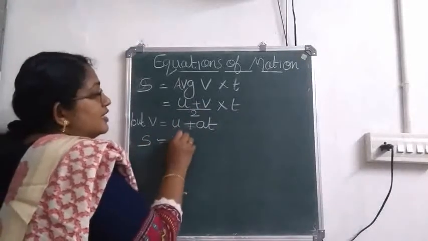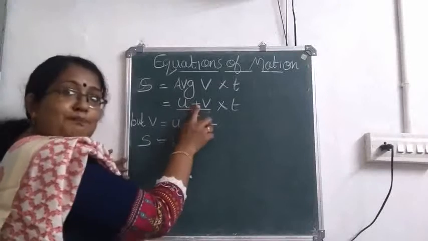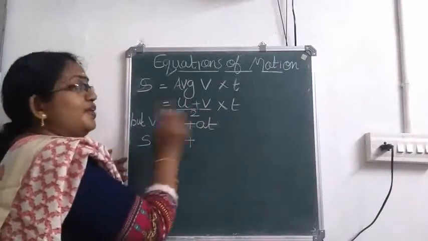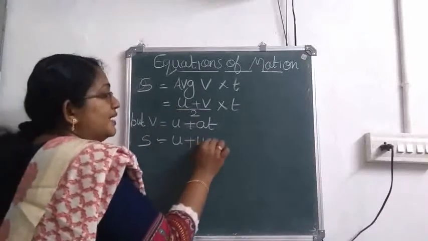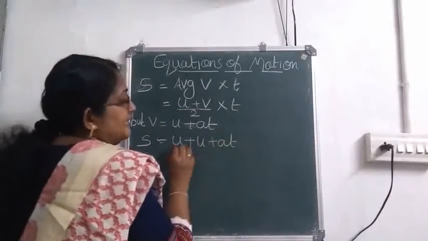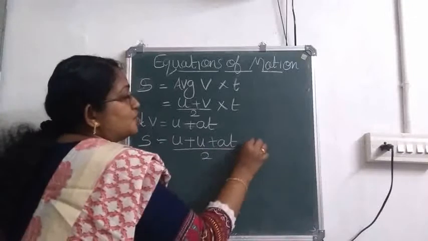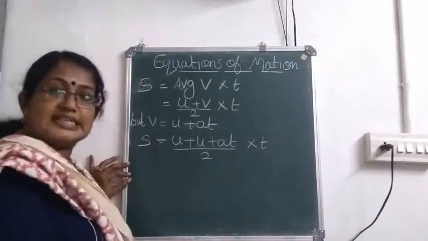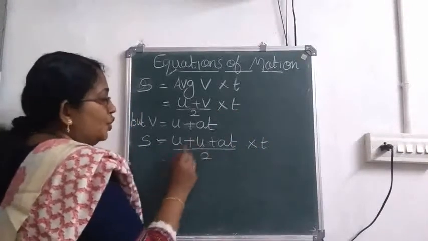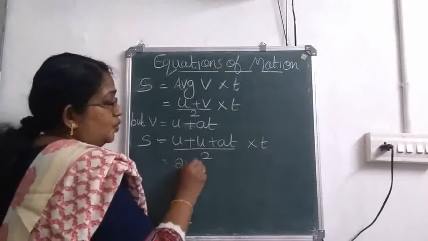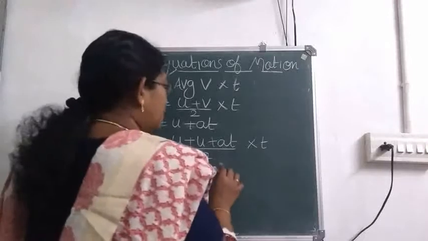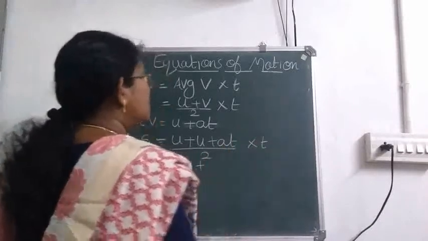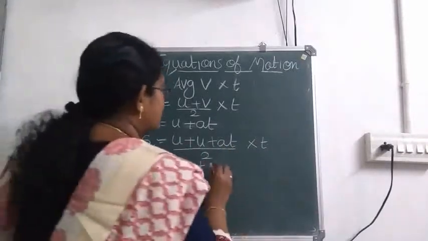So, s is equal to u plus, instead of v, substituting for v, what you will be getting? u plus at divided by 2 into t. u plus u is 2u, so 2u plus at into t, isn't it? That is what we are having here.